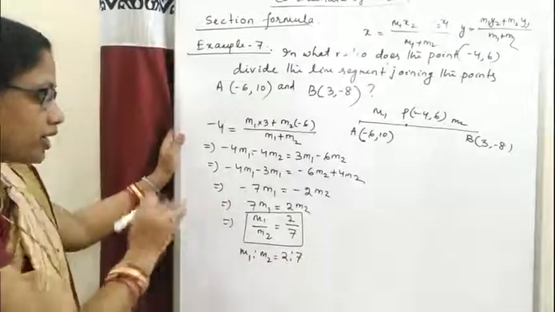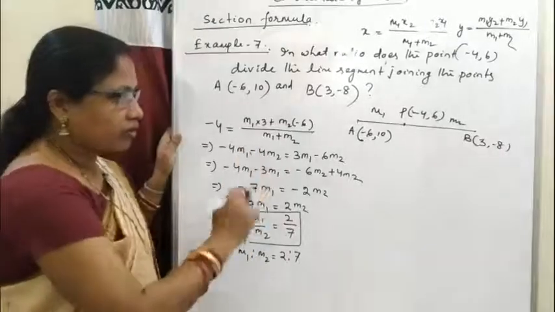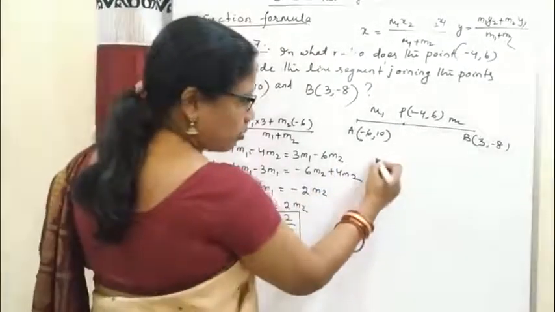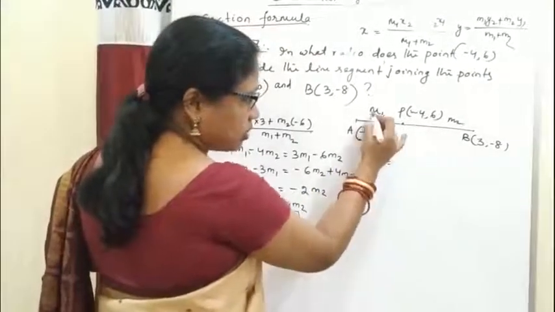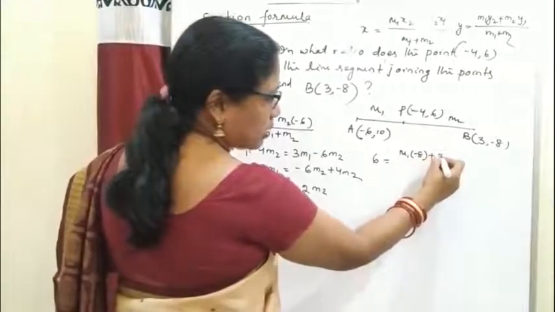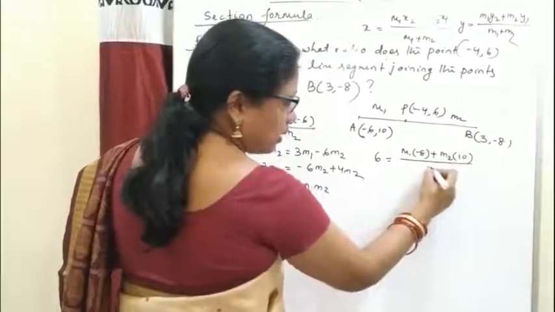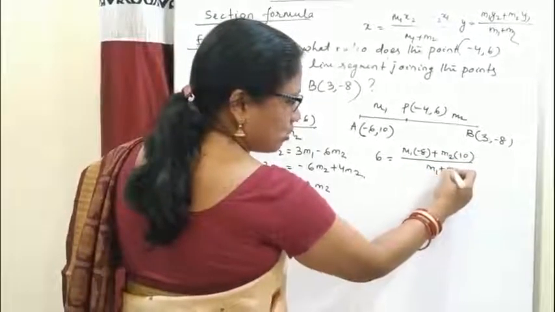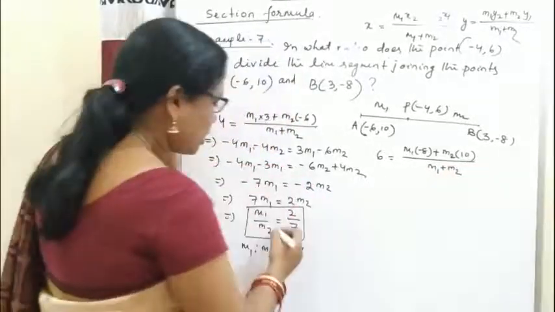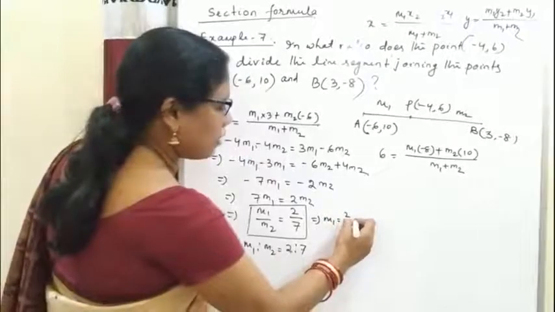Let us verify whether this is the correct ratio for the value of y. 6 is equal to m1 multiplied with -8 plus m2 multiplied with 10, divided by m1 plus m2. Here m1 is equal to 2/7 m2.